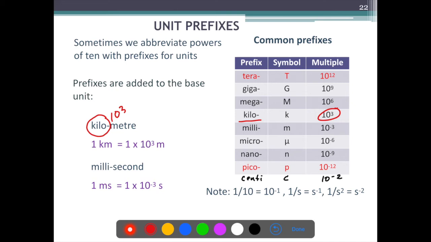Millisecond, 1 millisecond means 1 times 10 to the minus 3 seconds. Okay, because the prefix milli is 10 to the minus 3. All right, so 1 millisecond is 1 times 10 to the minus 3 seconds.